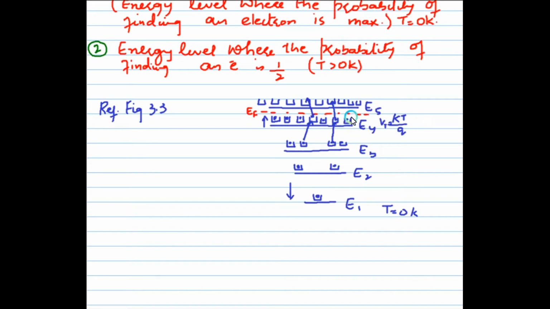The change in the electron distribution among the energy levels for T greater than 0 can be observed if we plot the Fermi-Dirac distribution function, which we have already done, and we have seen that probability is 1 by 2. So the probability of a state being occupied at E equals EF is now 1 by 2. So it gets halved.